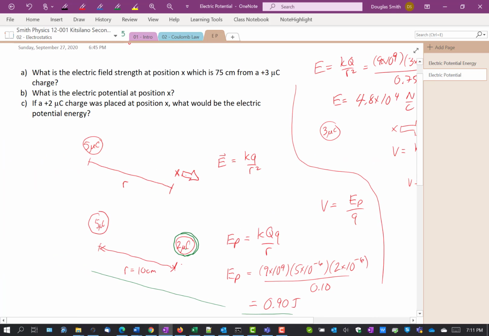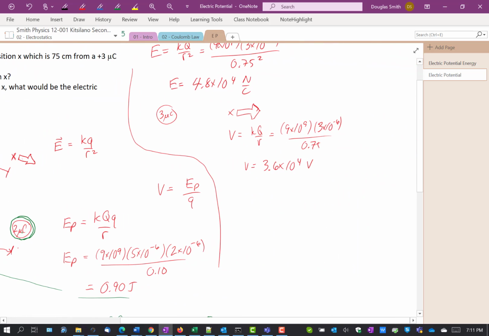And then the last question is, if you put a 2 microcoulomb charge at that position, what would the potential energy be?